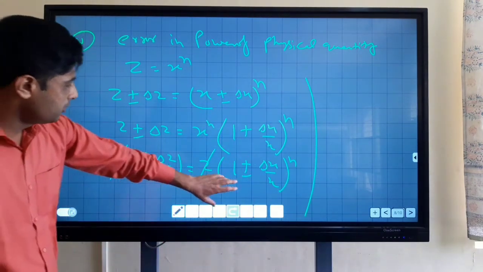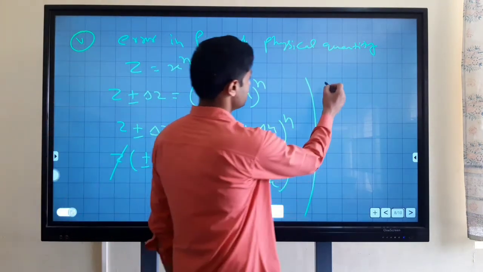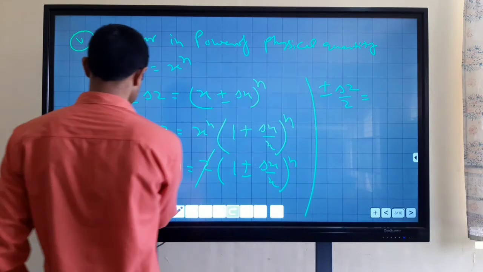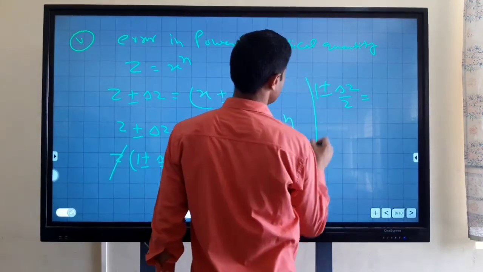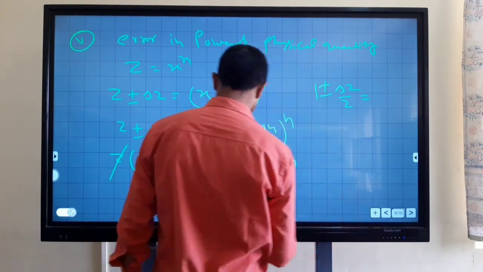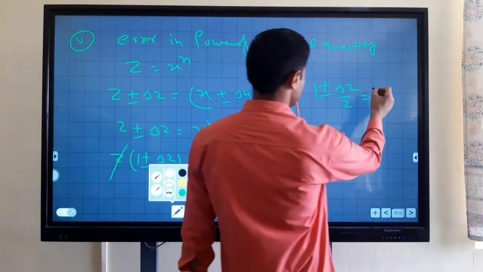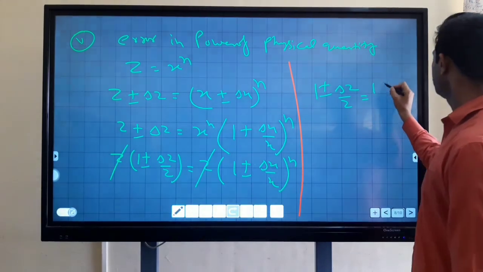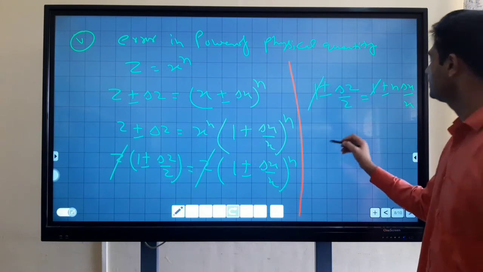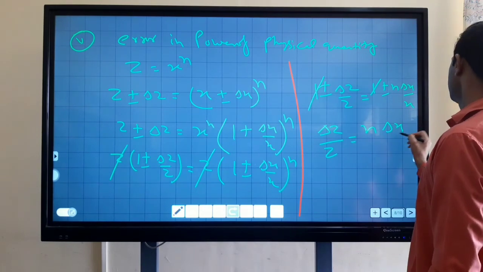Okay. So by using the binomial theorem, n comes in the product of del x upon x. So plus minus del Z upon Z equals 1 plus minus n del x upon x. So 1 cancels by 1. So del Z upon Z equals n del x upon x.